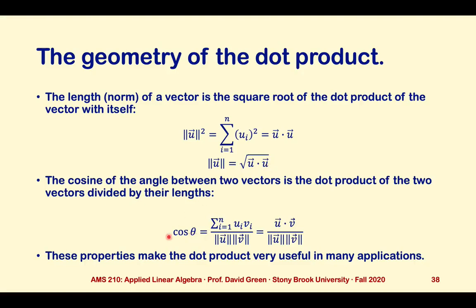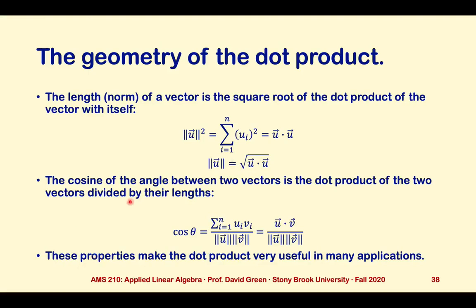The cosine of the angle between two vectors is the dot product of those two vectors divided by the lengths or the norms of those two vectors, which in turn are defined in terms of the dot products. Right?